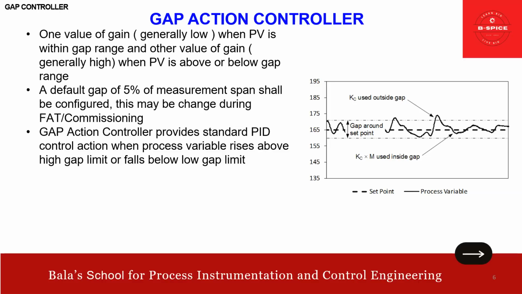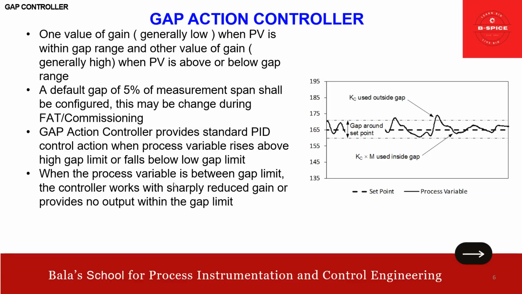So the gap action controller provides a standard PID control action when the process variable rises above the gap limit or falls below the gap limit. Very simple. When the process variable is between the gap limits, the controller works with sharply reduced gain or provides no output within the gap limit.